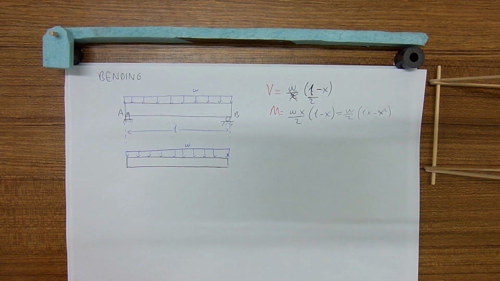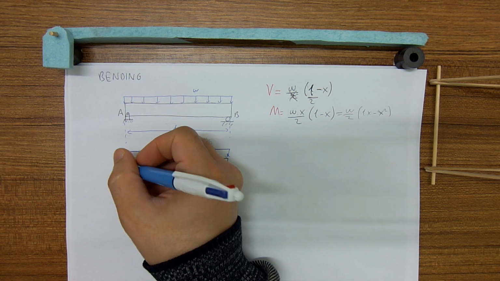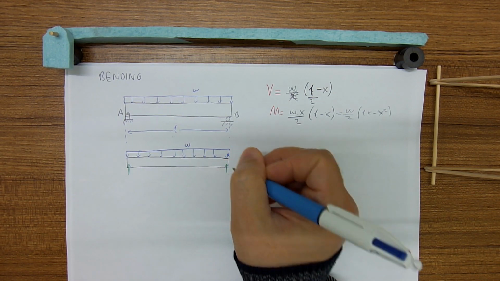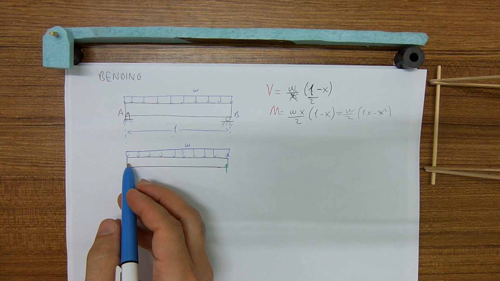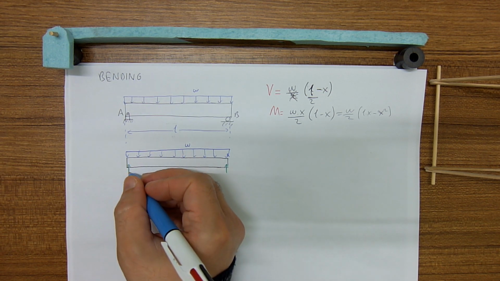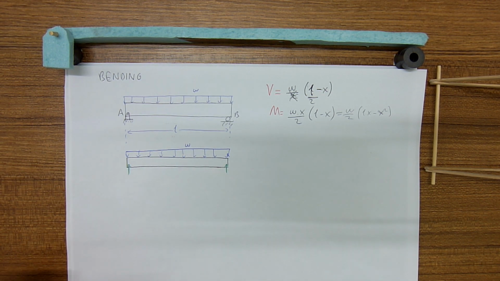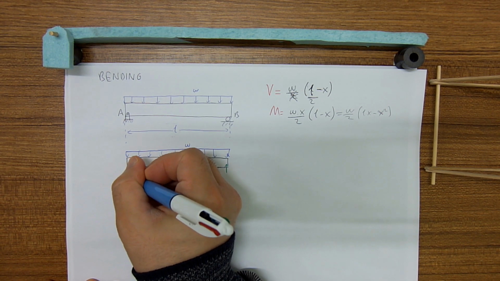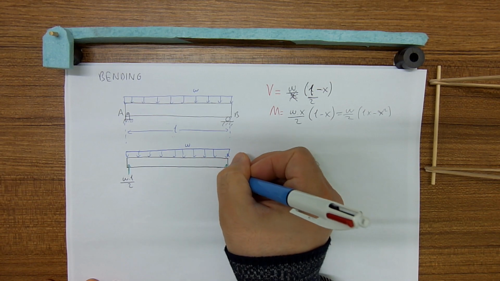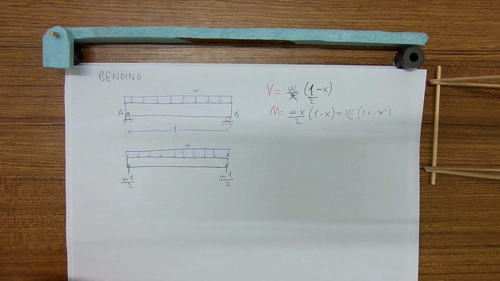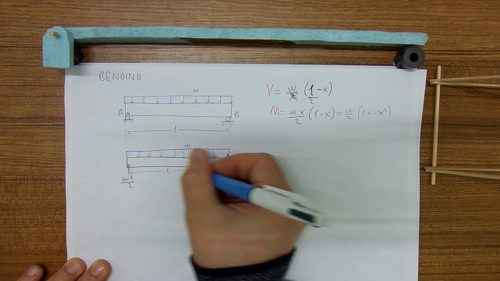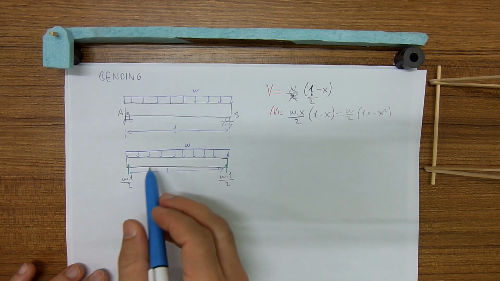We get rid of all the supports, and instead we show the reaction forces. Remember that the horizontal reaction force was 0, and these reactions were equal to WL over 2. By showing this length, this is our free body diagram for the beam.